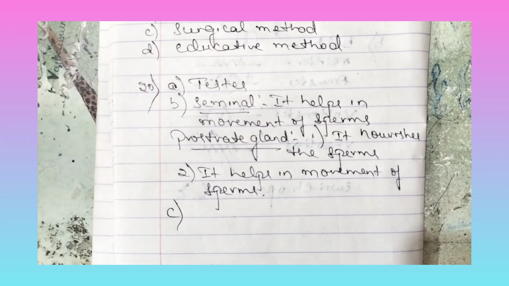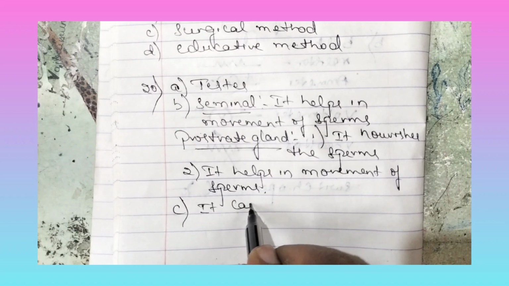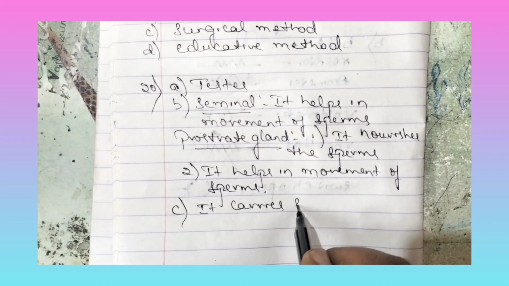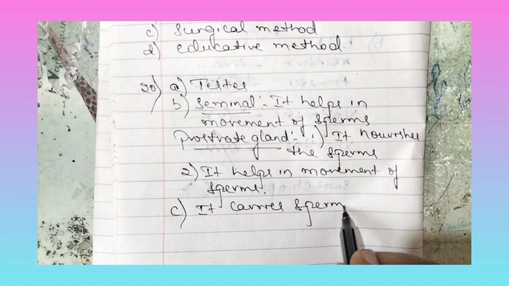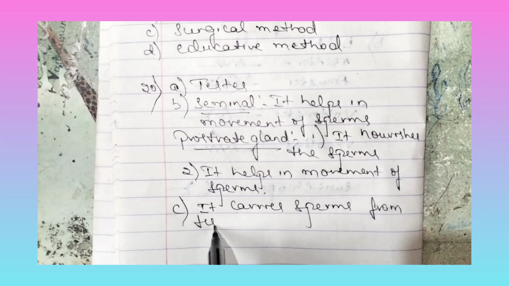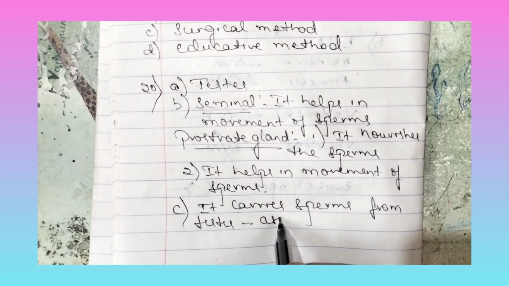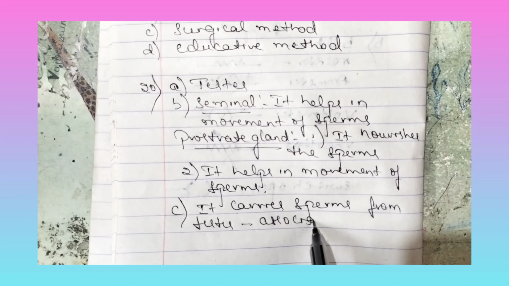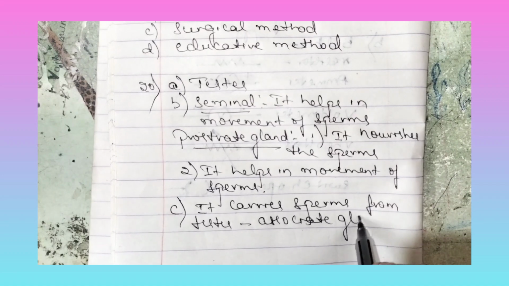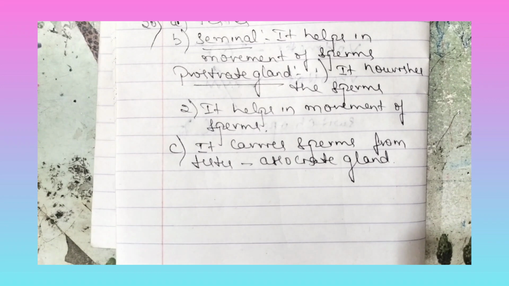Then the third question is, write the function of vas deferens. It carries sperms from testes to the associated gland. So this is the answer for the 20th question.